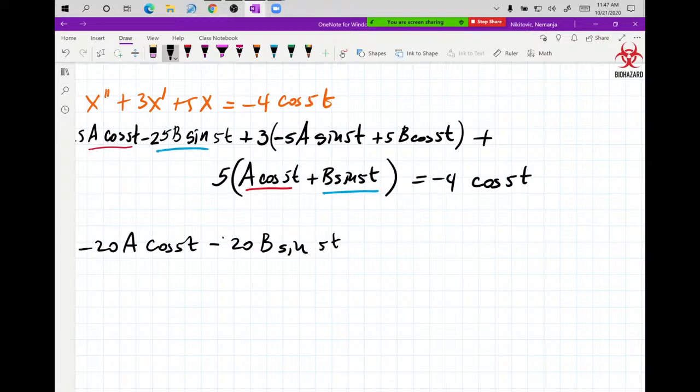And then we just copy the rest because we don't have anything to combine them with. So minus 15a sine 5t plus 15b cosine 5t equals negative 4 cosine 5t.